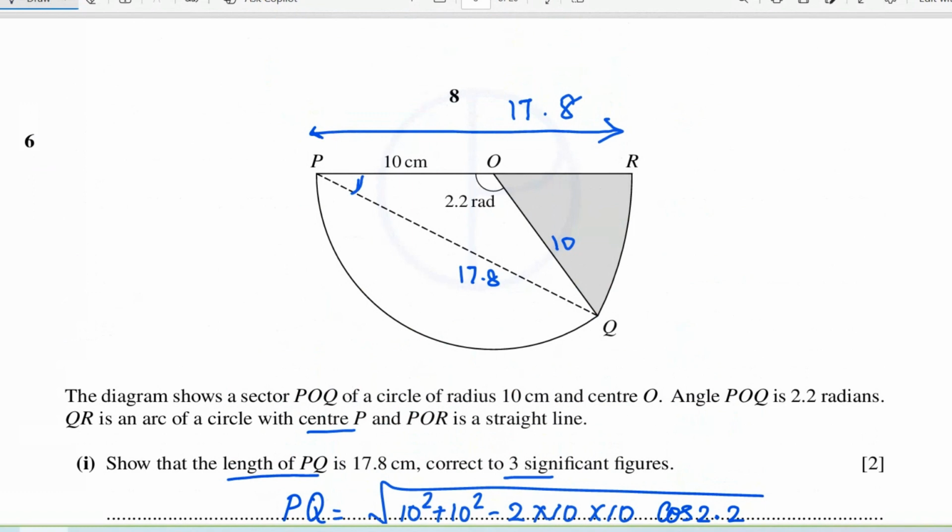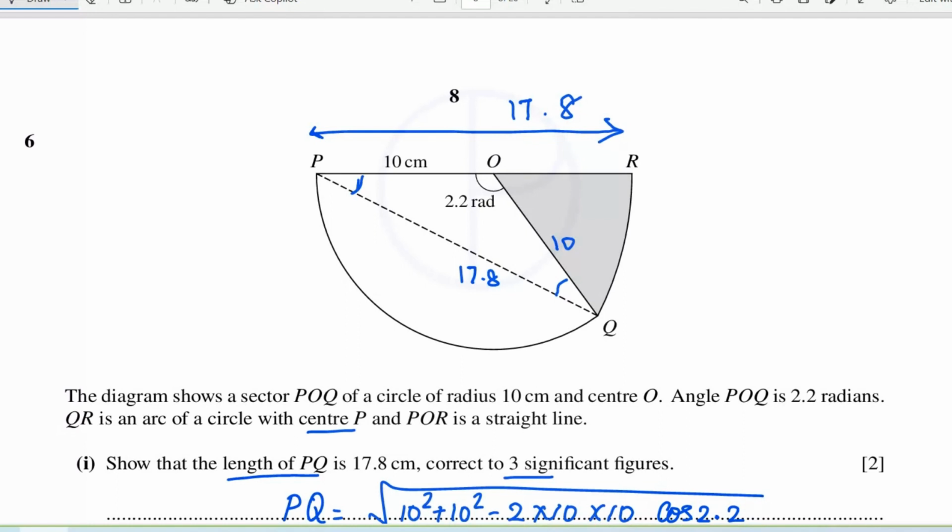In the triangle POQ, PO and OQ are equal. So this is an isosceles triangle. So the angle at P and angle at Q will also be equal. And we know in a triangle, the three angles add up to 180 degrees. That is nothing but pi.